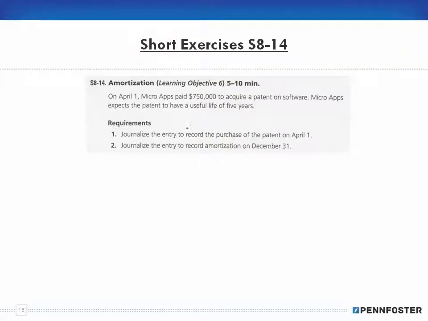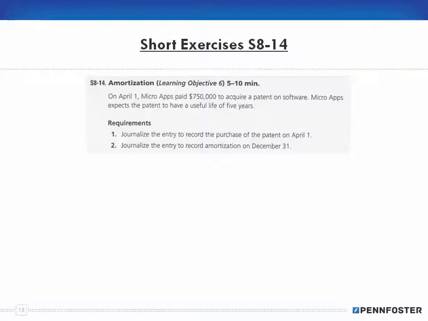Even though it's an intangible, we record intangible assets like patents the same exact way that we do any other buying of a fixed asset. There's no difference between the two. If you learn one, you know the other. The only difference is that we're talking about something that's a little bit different in its nature.